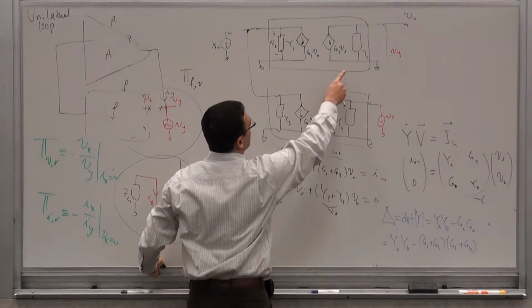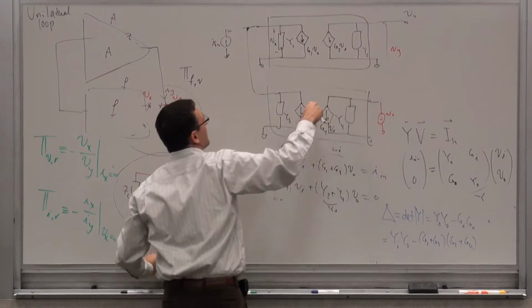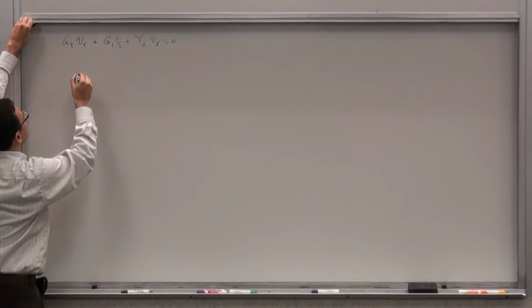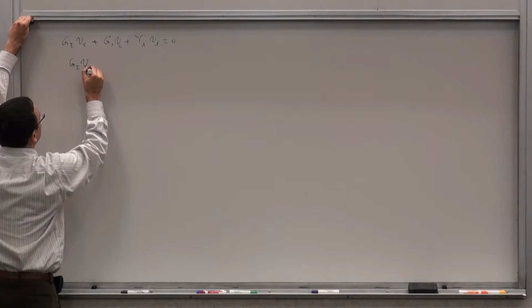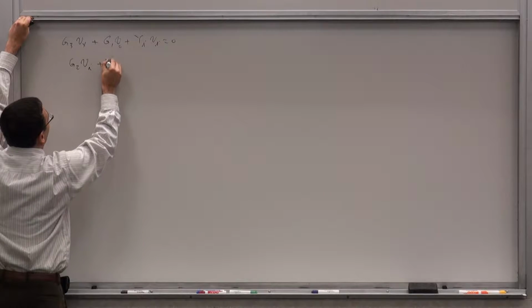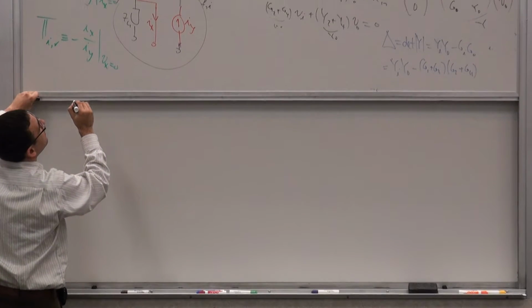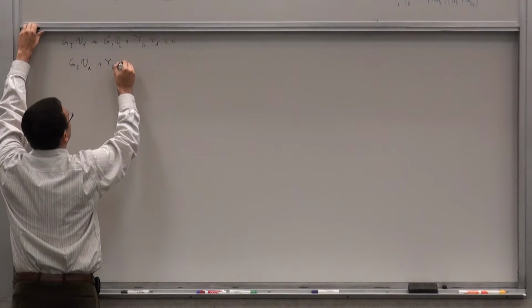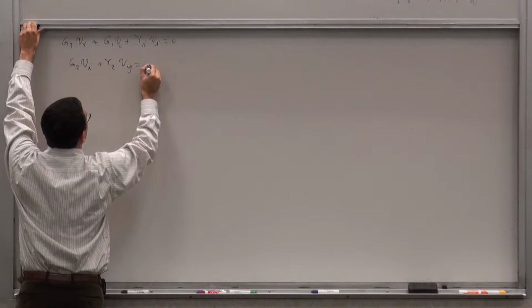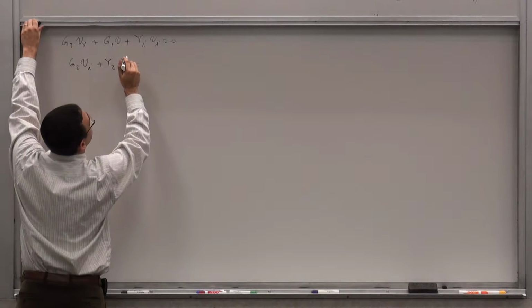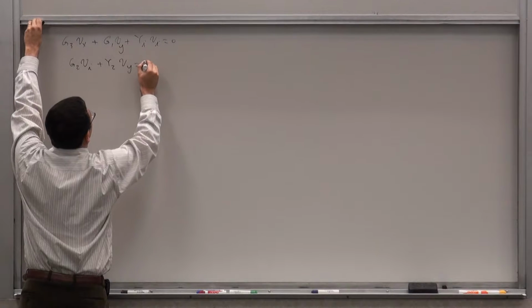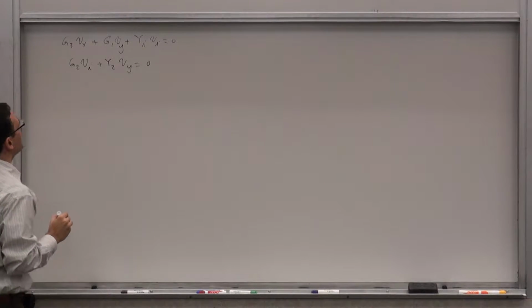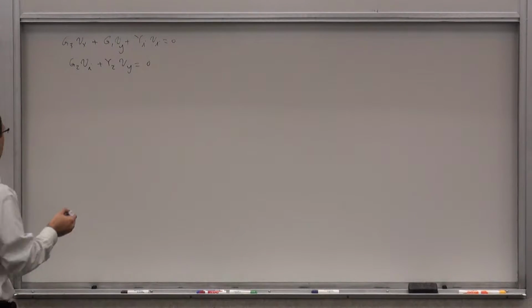And then here you have another equation, which is simple. So basically it says G2 Vi plus Y2 Vy is, oh, this is also Vy, right? Vy is 0. So all you need to do is to eliminate Vi between these two equations.